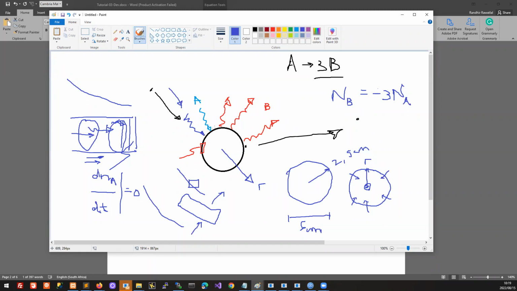That means the surface concentration can be approximated as 0. So whenever you see the reaction rate is high, it's so high that your rate of transfer doesn't keep up with it, and your surface mole fraction goes to approximately 0.